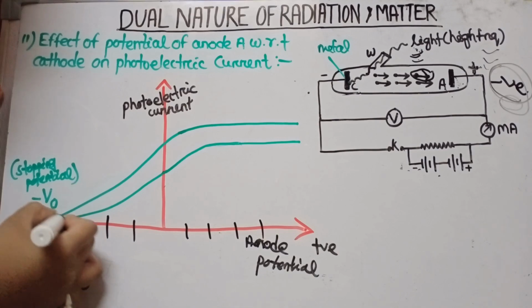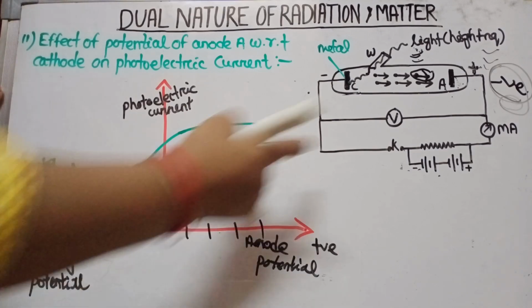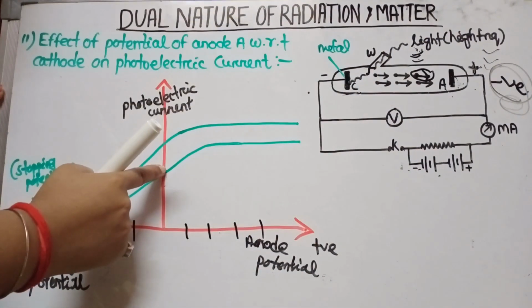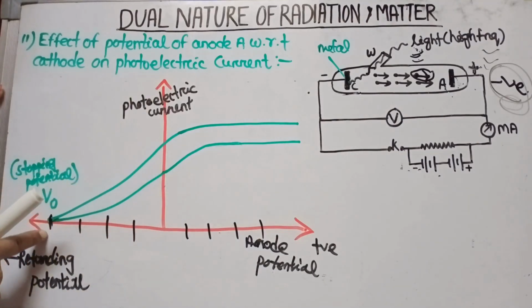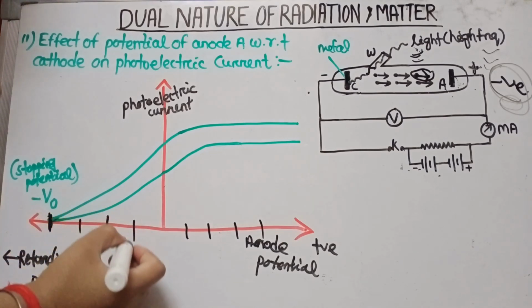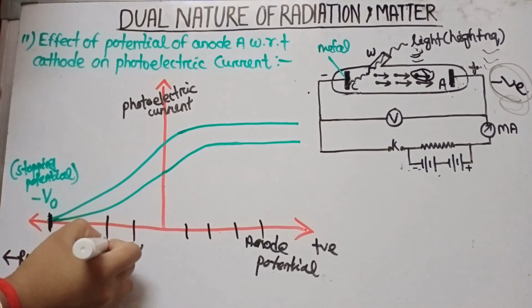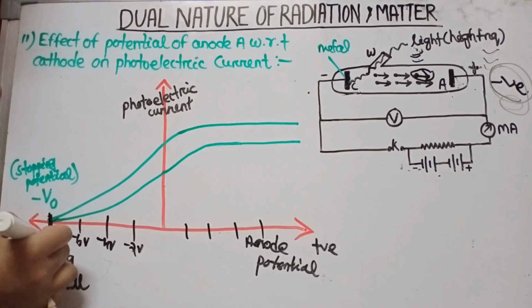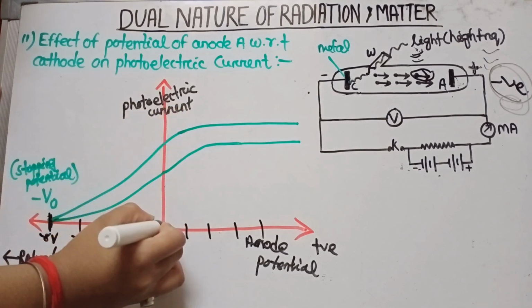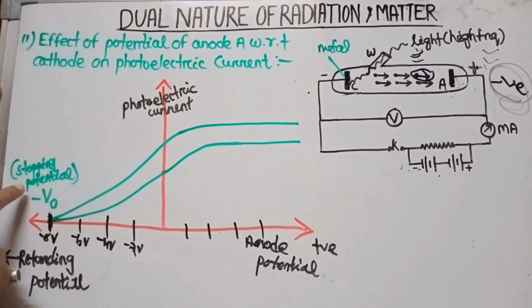If we increase the negative potential of the anode plate, the photoelectric current gradually decreases and reaches zero. That negative potential, say minus 2 volt, minus 4 volt, minus 6 volt, minus 8 volt, where the photoelectric current becomes zero, is called the stopping potential.